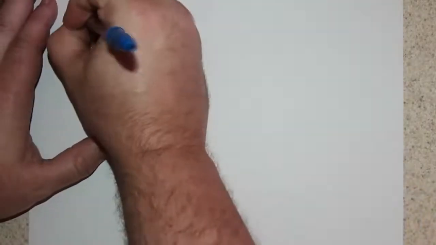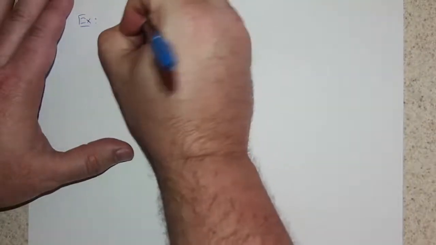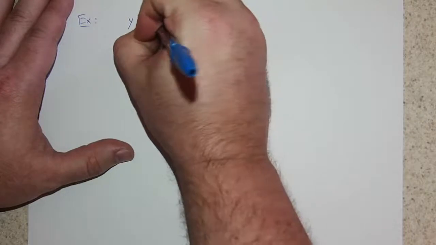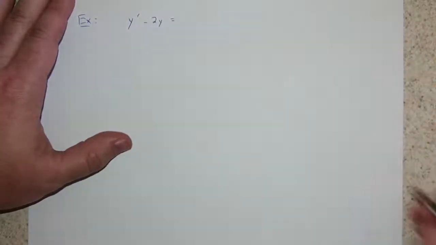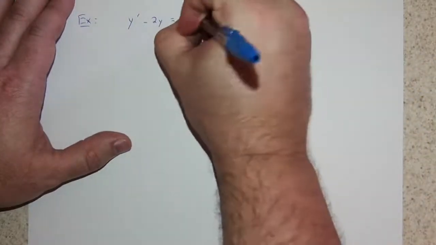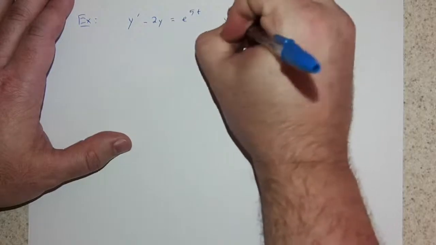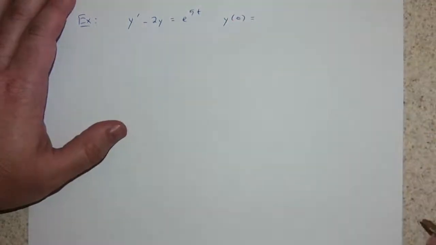So let's do something like this. Just to see that we could even do this for our first order differential equations, let's consider the equation y prime minus 2y is equal to e to the 5t, and y of 0 is equal to 3.